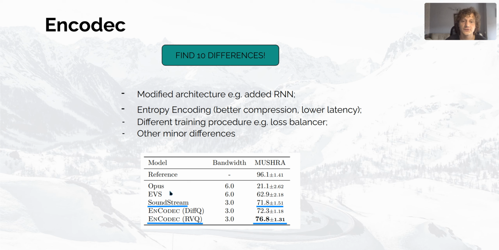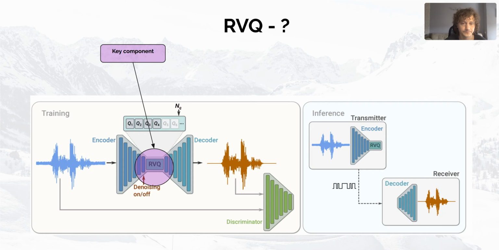Opus and EVS are standard codecs, used, let's say, in Zoom, Google Meet, YouTube, and so on. These are quite popular standard solutions. And you can see that SoundStream and Encodec both work better, even with lower bandwidth. Basically, they require lower capacity to transmit the data.